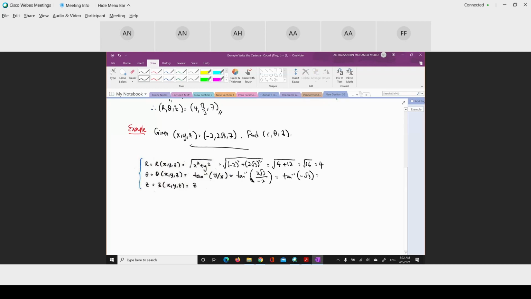Now, if you use your calculator, it will give you what? Minus 60 degrees, which is minus pi over 3 radian. Is this acceptable?